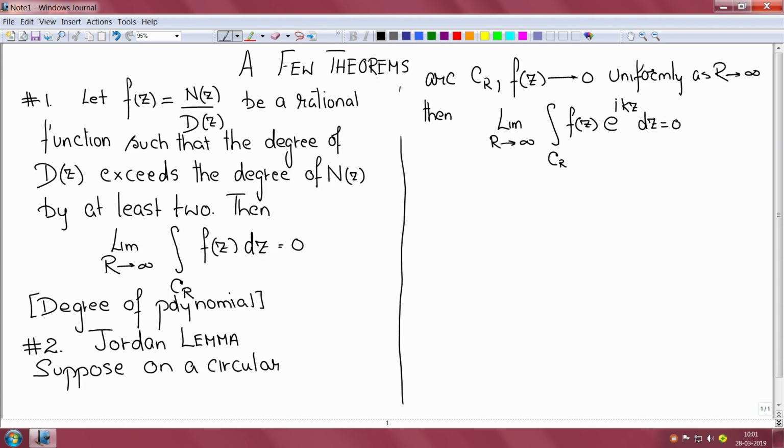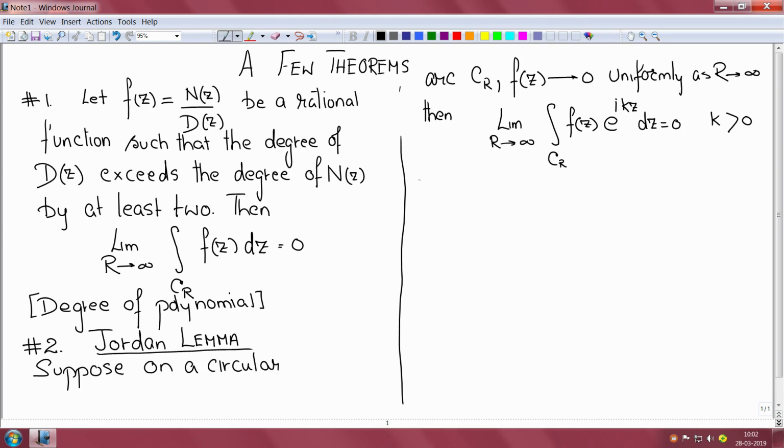And it is important that k be positive. So we will refer to this as the Jordan lemma. This will be used several times in the problems to come.